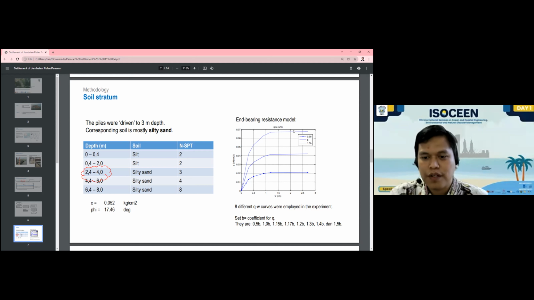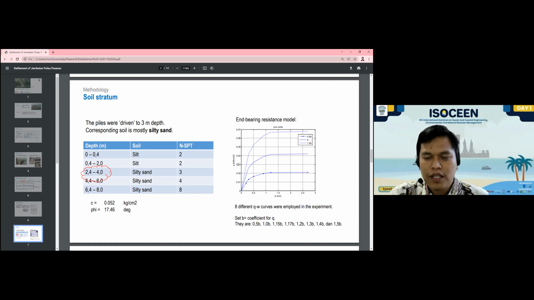As I said before, this is the QW curve, which is commonly used when we analyze the structural model where the interaction of the soil and the structure is involved.